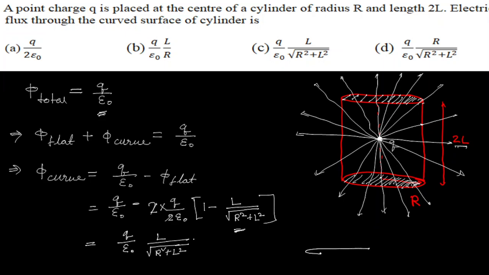Let's say instead of this cylinder, we have a hemispherical surface of radius r.